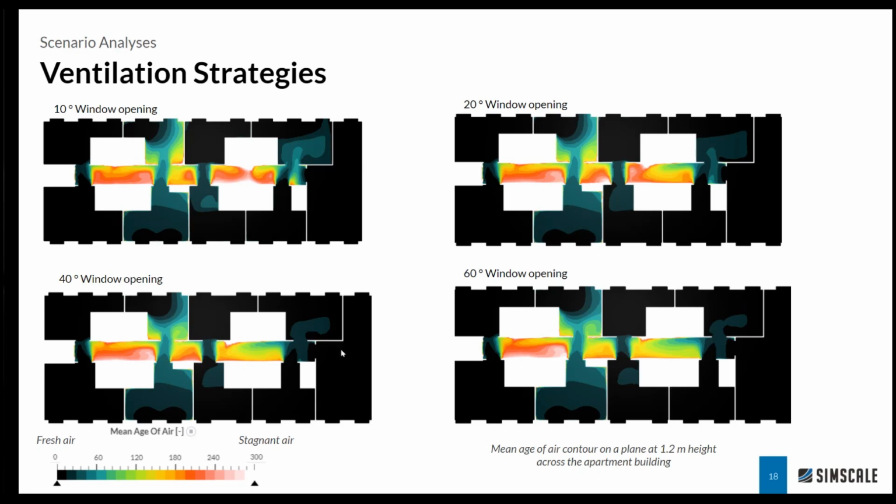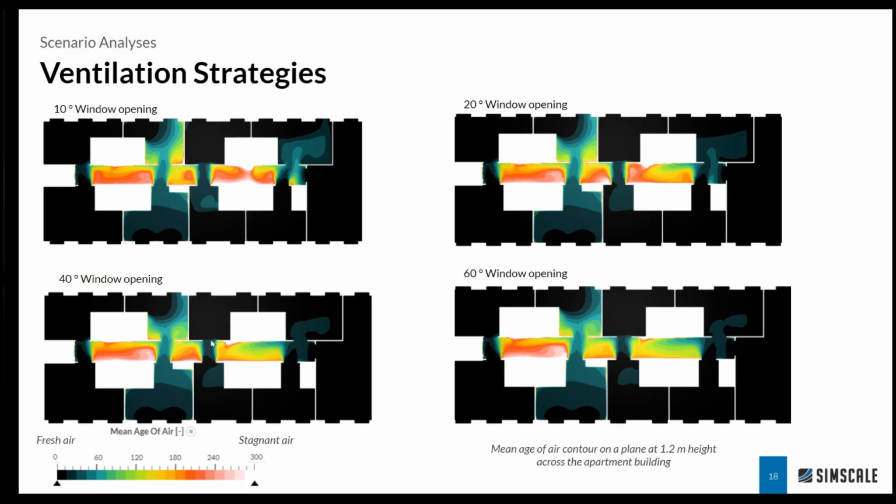On the other hand, where the region tends to be white or red, you can consider these regions where the air is pretty much stagnant and stays there for a long time before it is getting exchanged by the fresh air. And once again, the comparison between these different configurations shows us a good amount of insights on what is happening with the change in the window opening.